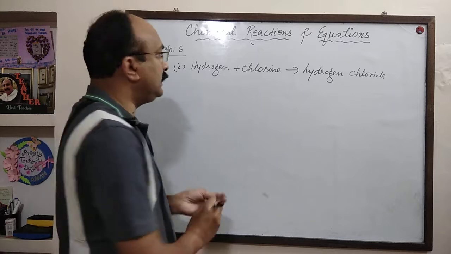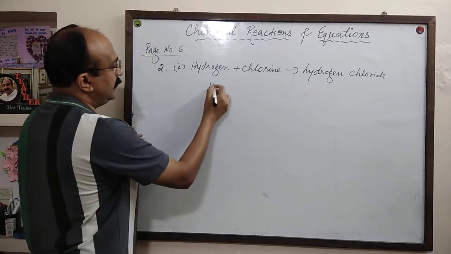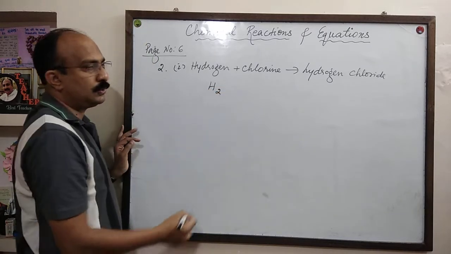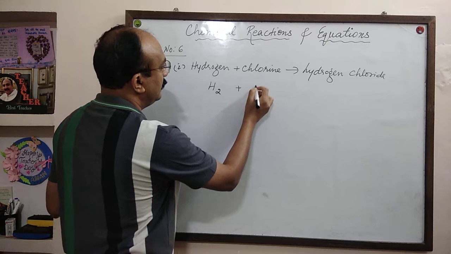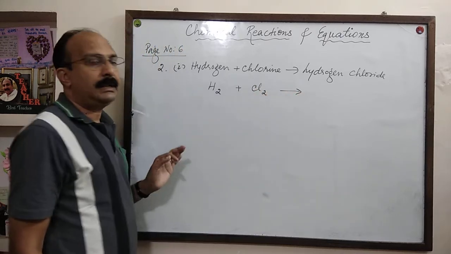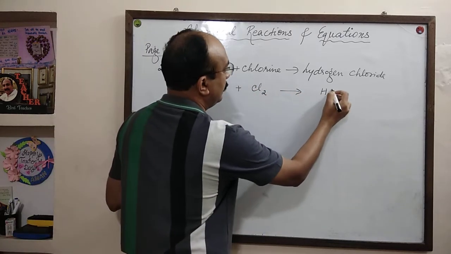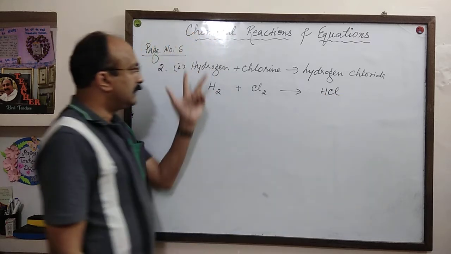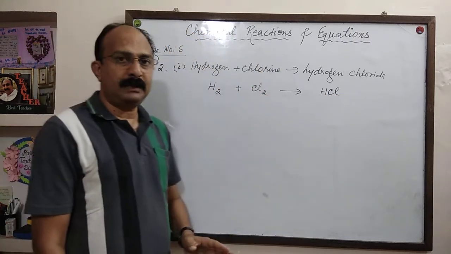A very easy question. First of all, you have to write the symbols. H2 for hydrogen, chlorine Cl2, gives hydrogen chloride, which is HCl. So I have put the symbols.